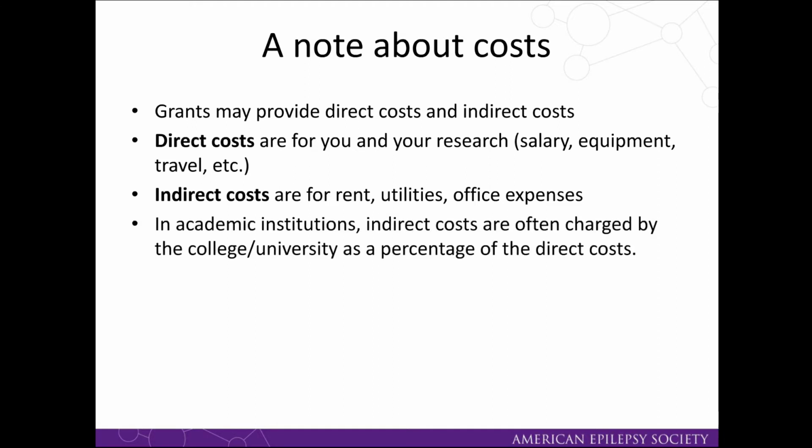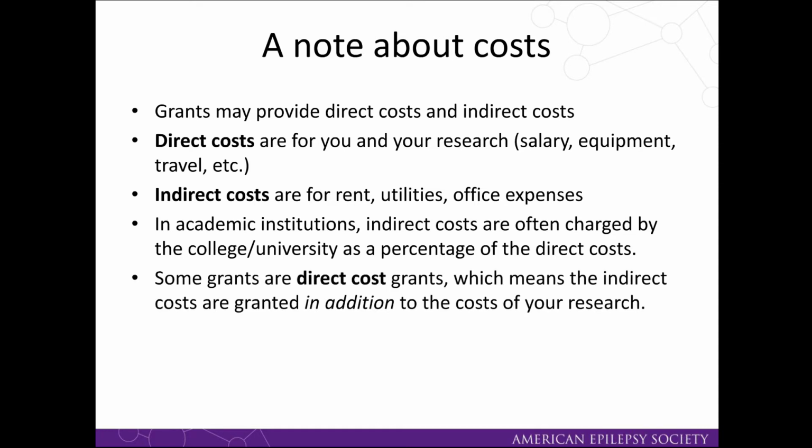In academic institutions, like where I am here at Weill Cornell, indirect costs are often charged by the college or university as a percentage of the direct cost. So if there's an indirect cost rate of, say, 40%, that means that if you got $1 million for your research, $400,000 are needed in indirect costs to the academic institution to keep the lights on.